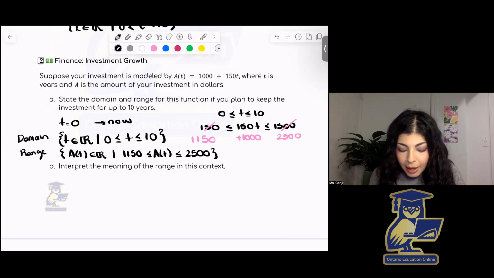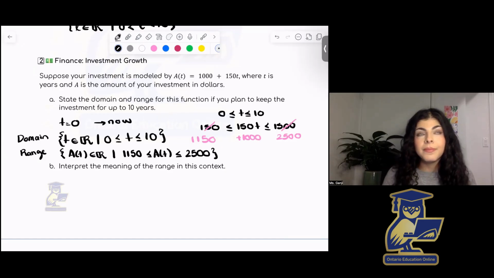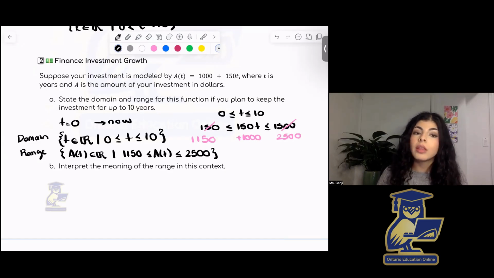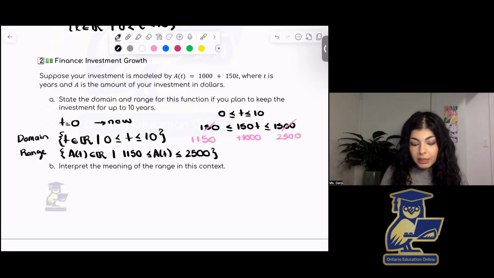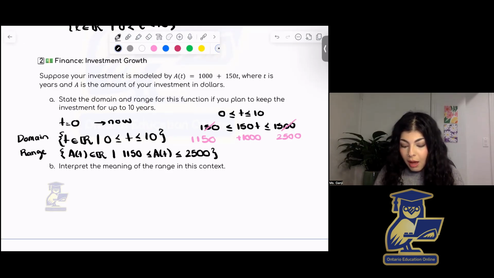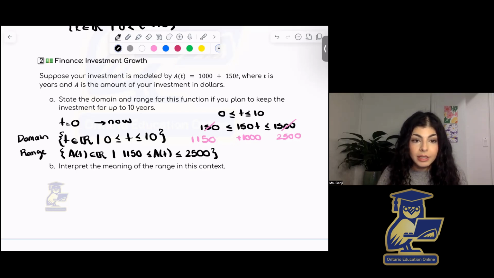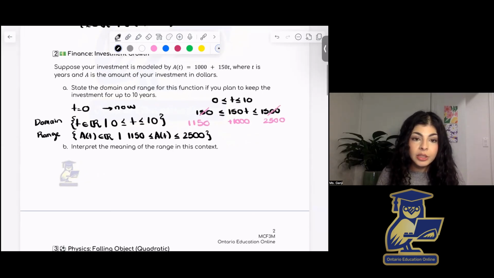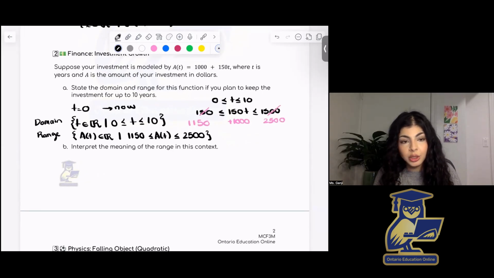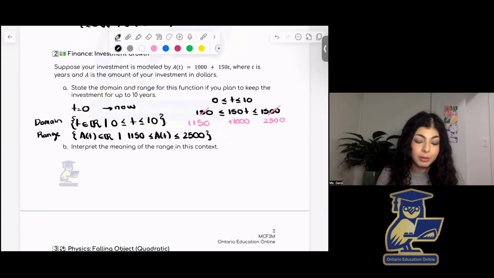And at my minimum amount, or my starting point when t is 0, I am starting with $1,150. So I would expect a growth of 1,250 over 10 years. And that would be just your interpretation. You would just write that with words to show your thinking, making connections to the problem with respect to finance and investment.